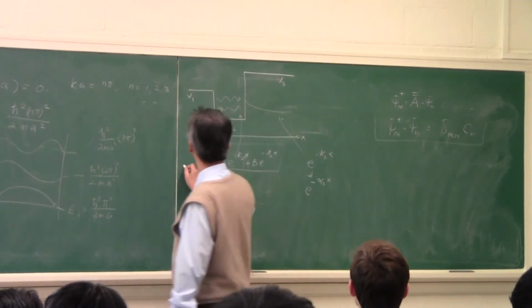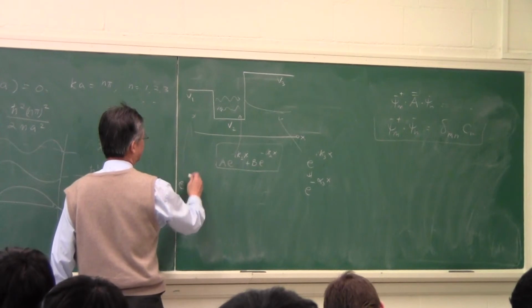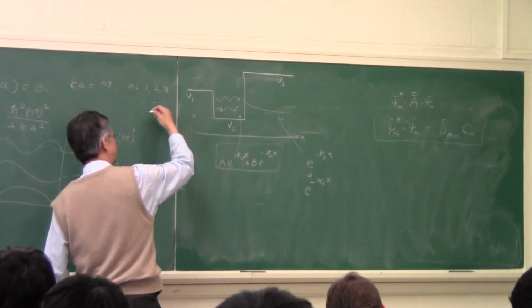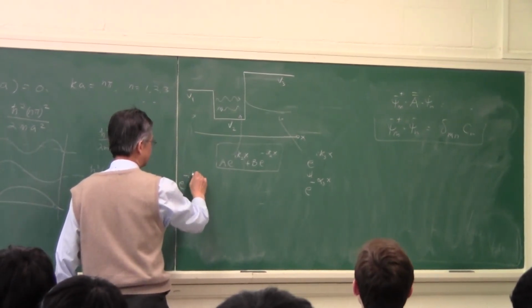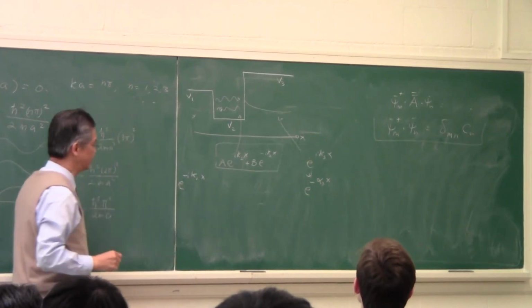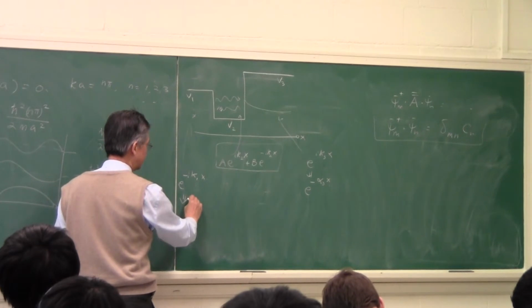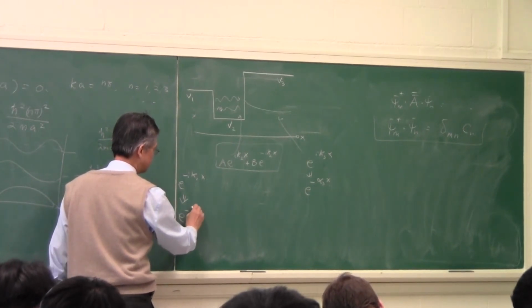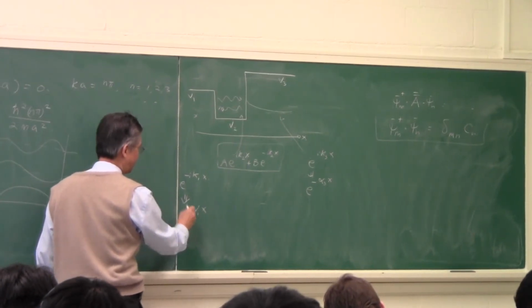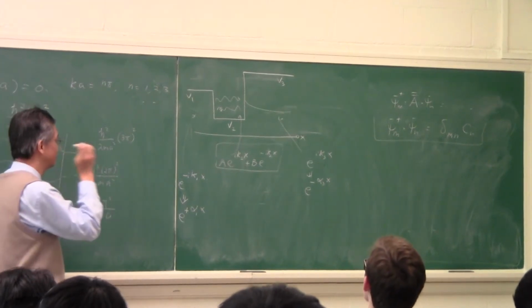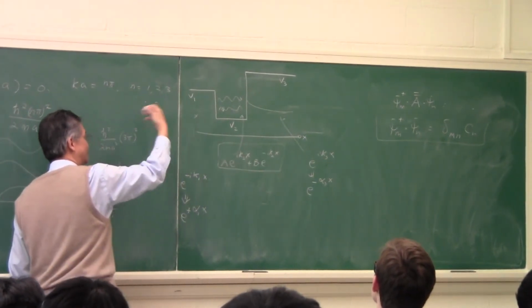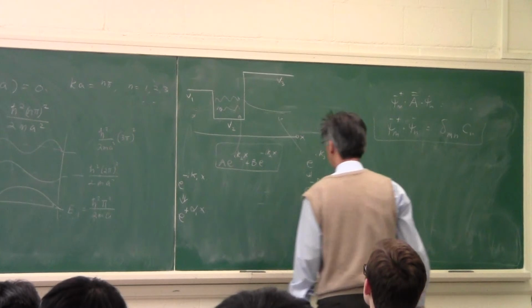And then over here, I expect the wave to be penetrating and traveling in that direction. So I write the solution as e to the i k1 x, and I expect k1 to become pure imaginary. So the solution becomes e to the alpha 1 x, but with a positive sign there, because this wave is supposed to decay in the negative x direction as it leaves there.